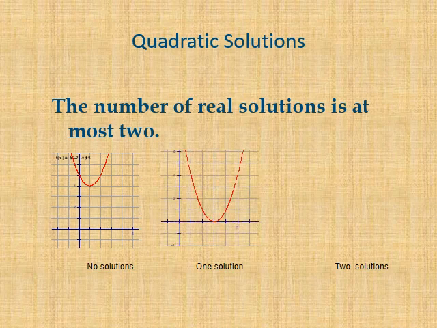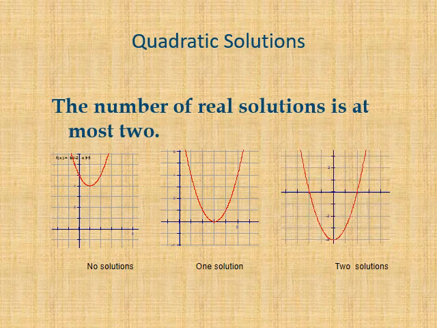If the parabola cuts the x-axis at one point, we have only one solution. If the parabola cuts the x-axis at 2 points, we have two solutions. Whether it opens up or down, the intersection may be 1 point, 2 points, or no intersection points with the x-axis, so we have no solutions, or empty set.